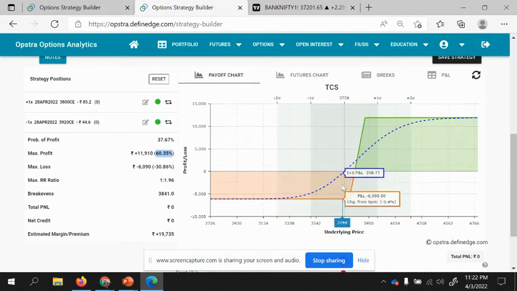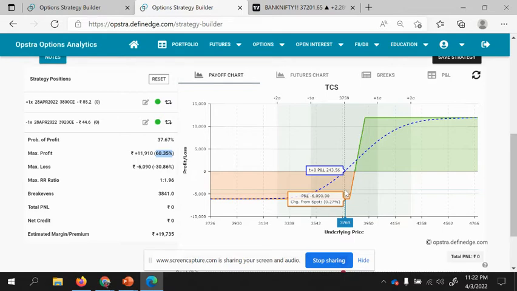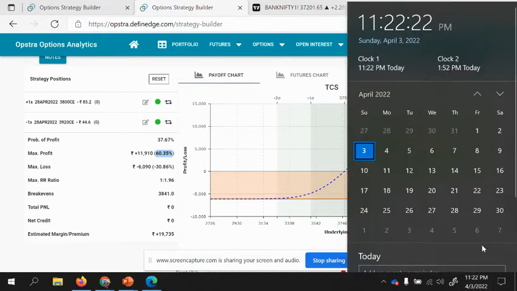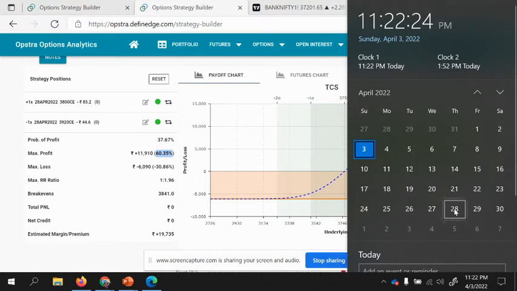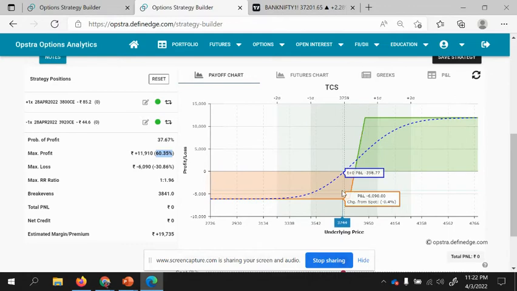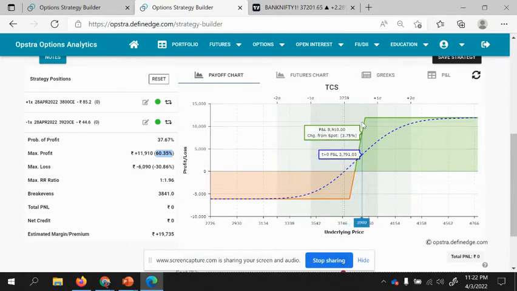This is where the market stands. The market stands at 3769. Expiry would be on the 28th, friends. For FNO stocks we have the monthly expiry, not the weekly expiry. So let's assume your market goes up, or else your sold position at 39,200 becomes in the money, meaning the market reaches your sold position.